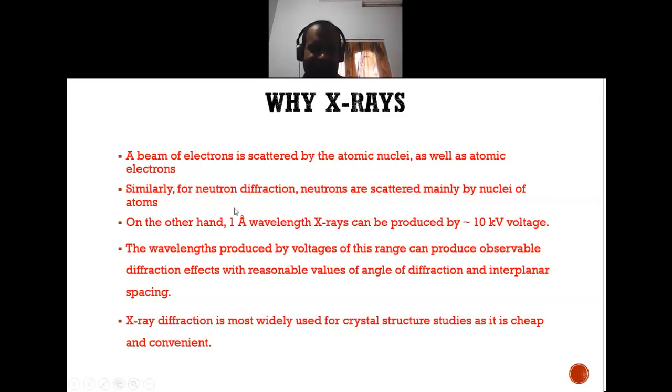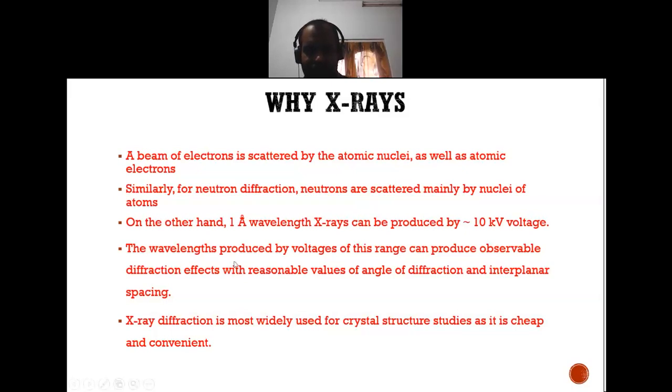In that case, almost 1 angstrom wavelength of X-rays can be produced. The wavelengths produced by voltages in this range can produce observable diffraction effects with reasonable values of angle of diffraction and interplanar spacing. So this is one of the biggest advantages.